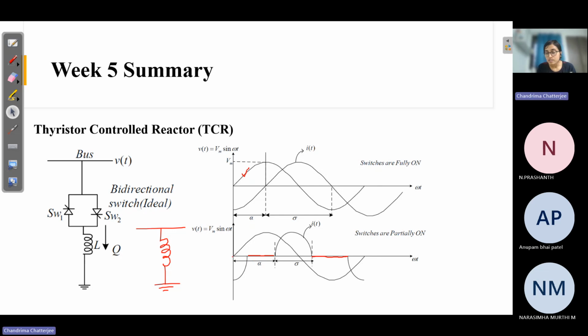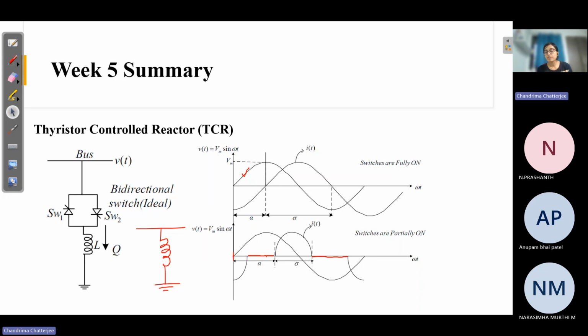This angle is the angle after which the conduction starts. This is called the firing angle. It is also called the delay angle sometimes. So after which angle the current starts flowing with respect to the voltage zero crossing. This is where the voltage starts, and this is where the current starts. This angle is called alpha, the firing angle.